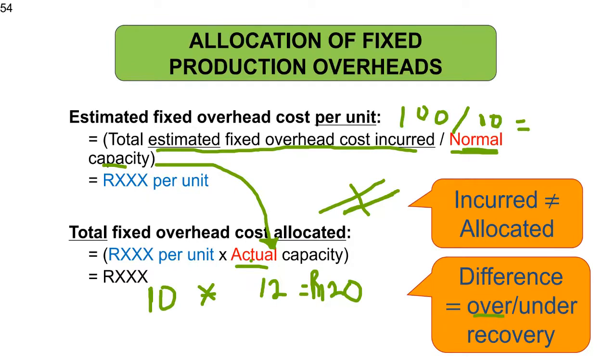And then obviously the inverse also is true, right? So if we had an actual of 8, we would have only recovered 80 Rand, which means we would have under recovered. Any questions so far?